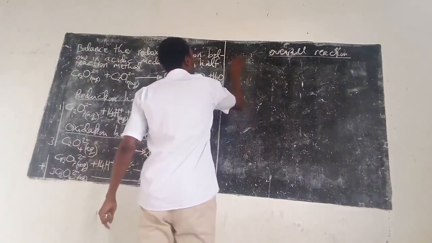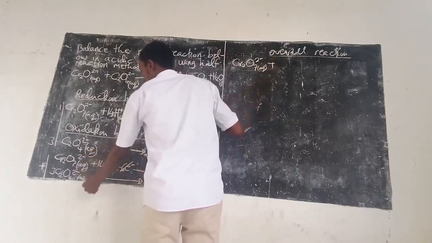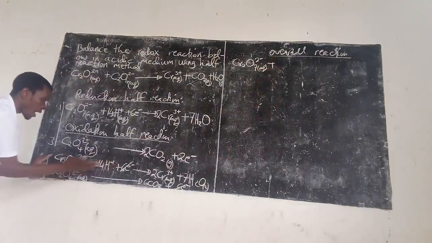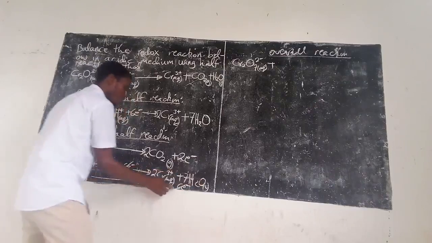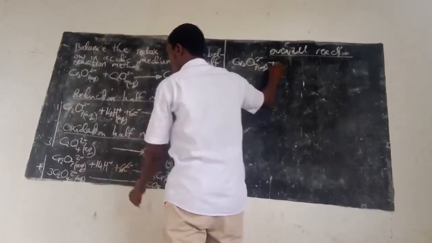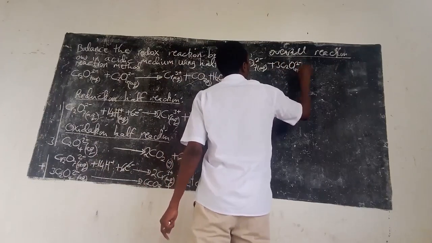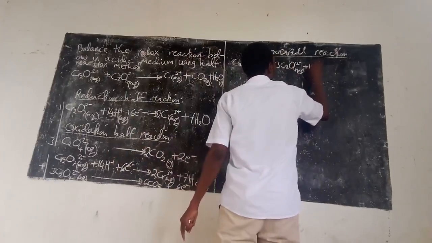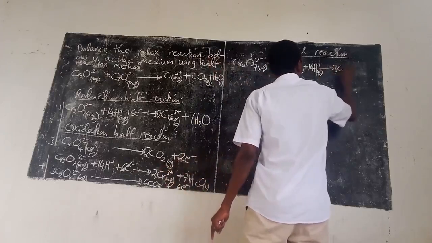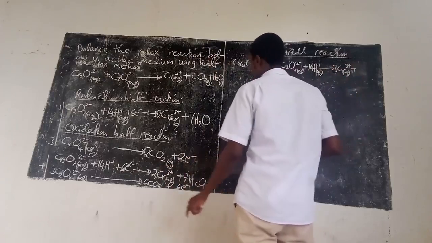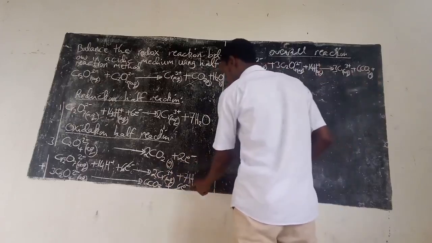Then the overall reaction is: dichromate ion aqueous, plus the species on the reactant side added together, 3 oxalate ions aqueous plus 14 hydrogen protons, to form 2 chromium 3 ions, plus 6 carbon dioxide gas, plus 7 water molecules.